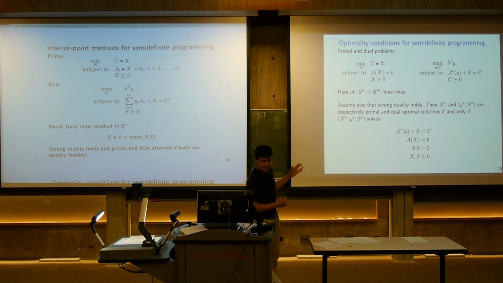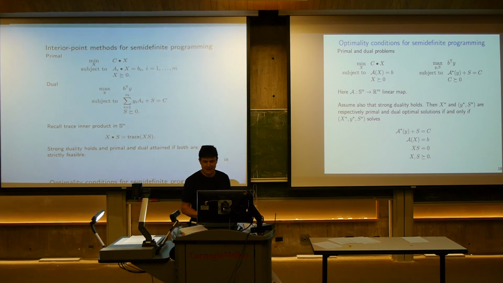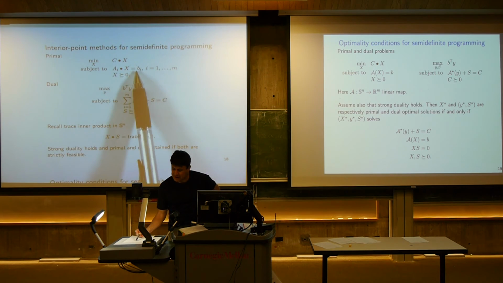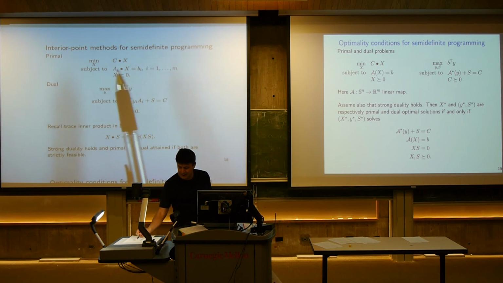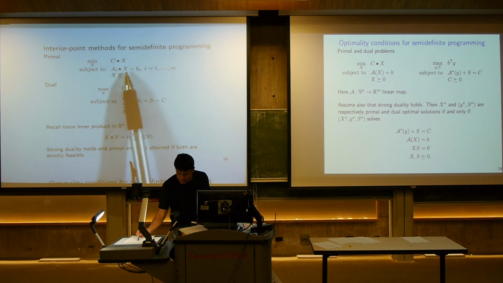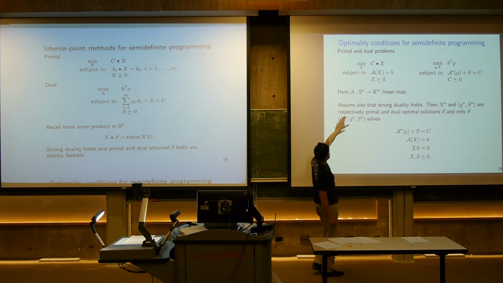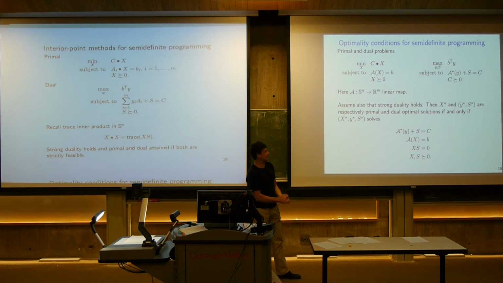So let me rewrite the primal and dual problems here. I'm abbreviating all of these constraints simply as script A of x equal to b. I use fancy A to indicate the vector that has all these components. So this script A is a linear map from symmetric matrices to R^n.